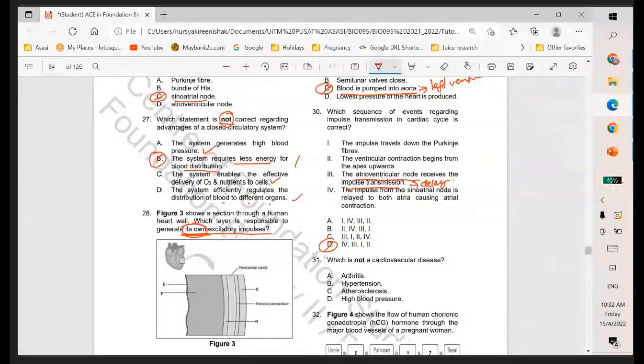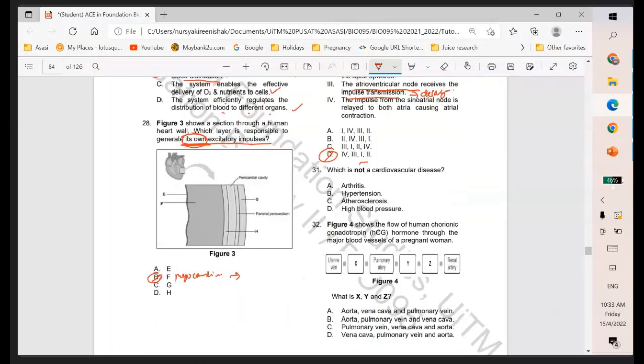Then number 1, the impulse travels down the Purkinje fibers, and the last step is the ventricular contraction begins at the apex upward. It seems the same as the previous question. Yes, same.